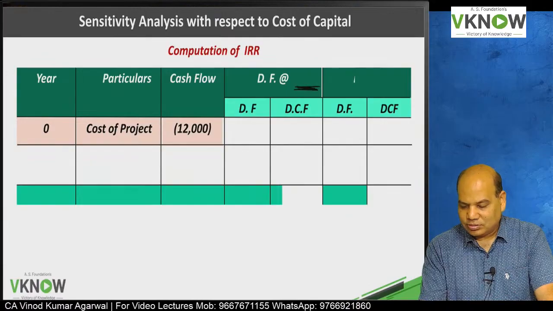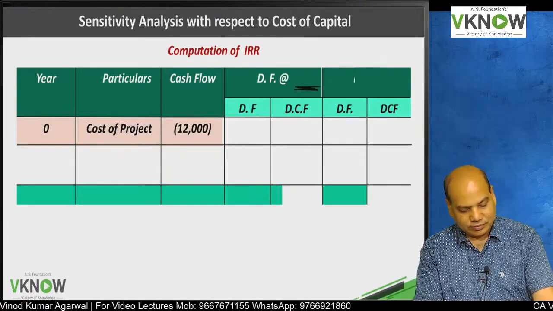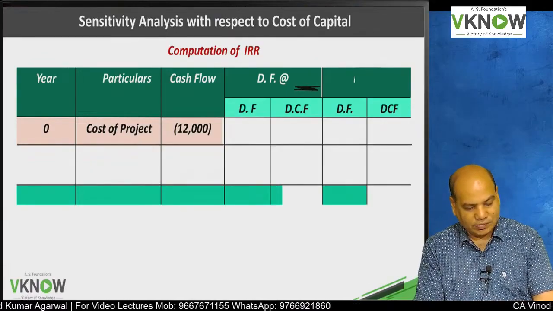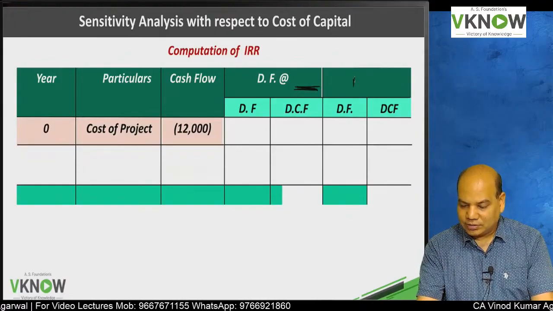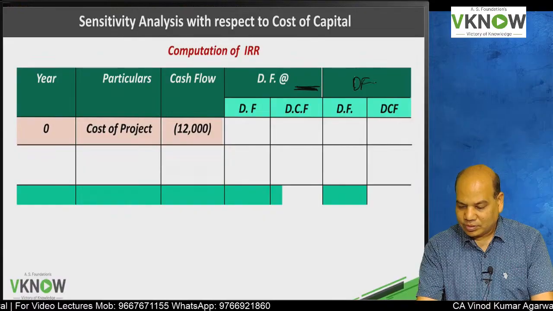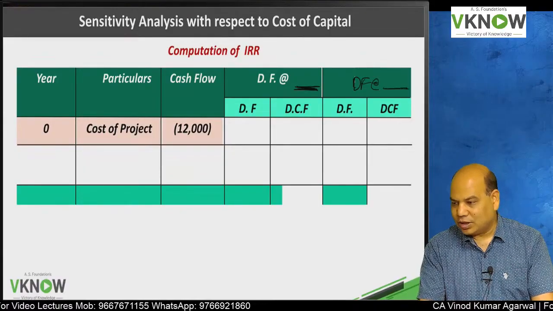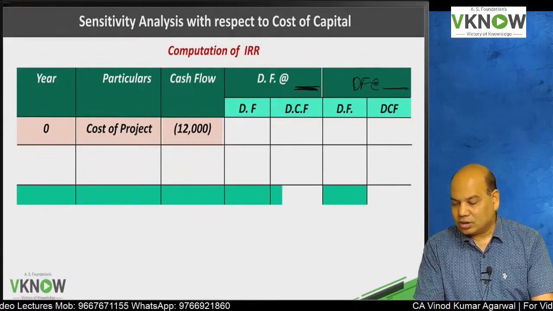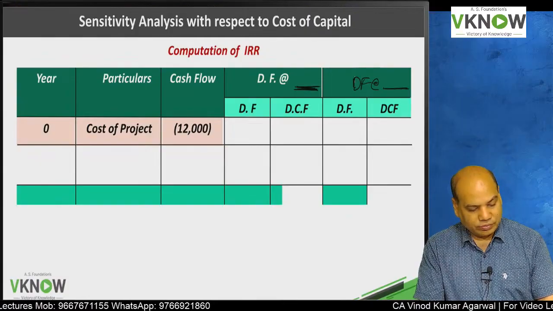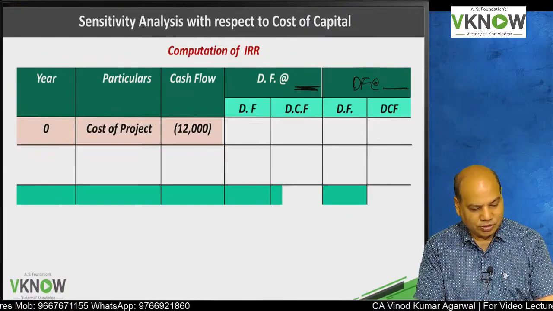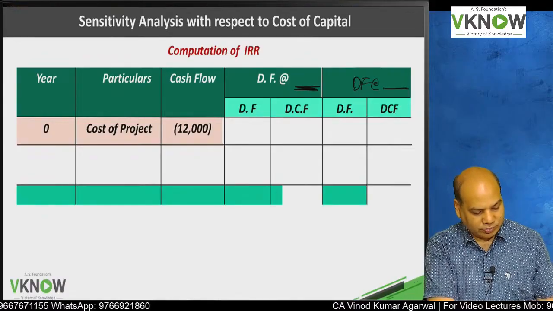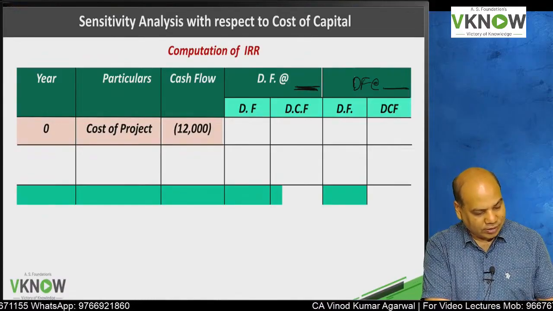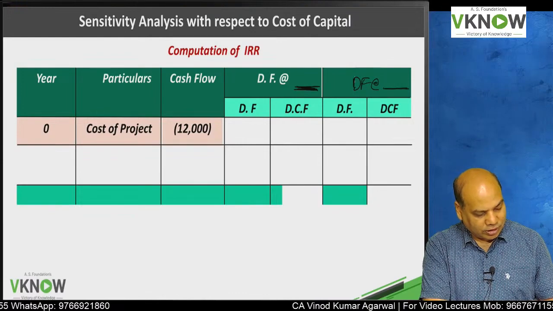What will be your starting rate? I will ask you. Then I will have one more discounting factor at the rate of, but I will ask you later. Under that, 2 columns each: discounting factor and discounted cash flow.